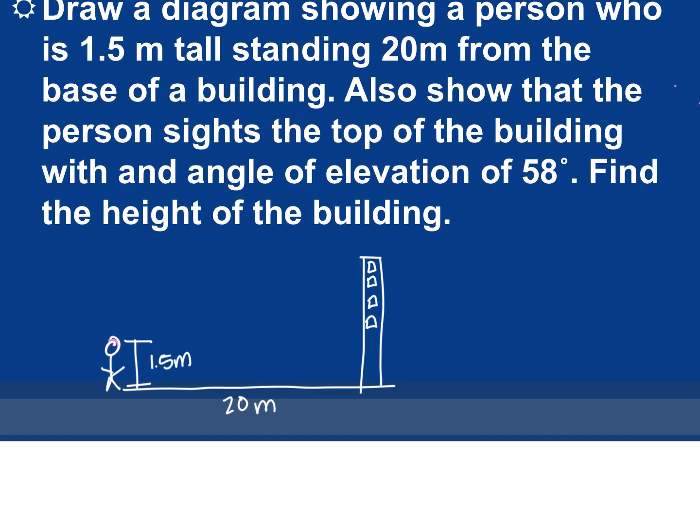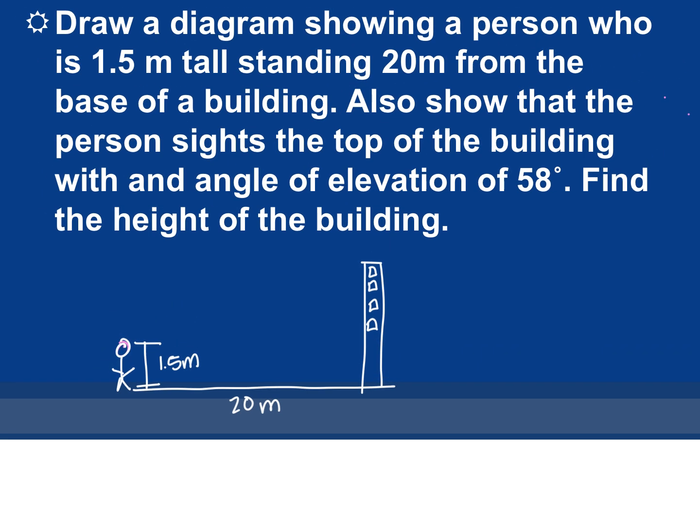Then it says, also show that the person sights the top of the building with an angle of elevation of 58 degrees. That means I am sighting that building from my line of sight. Angle of elevation. Here is the person's line of sight. This is my angle of elevation. That means this angle is going to be 58 degrees.